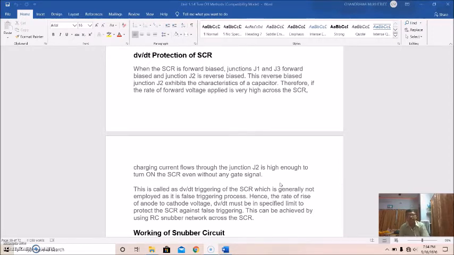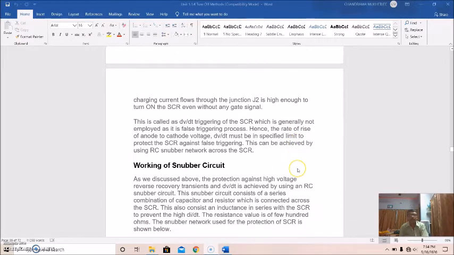Therefore, if the rate of forward voltage applied is very high, the charging current through junction J2 is high enough to turn on the SCR even without any gate signal. This is called DVDT triggering of SCRs.